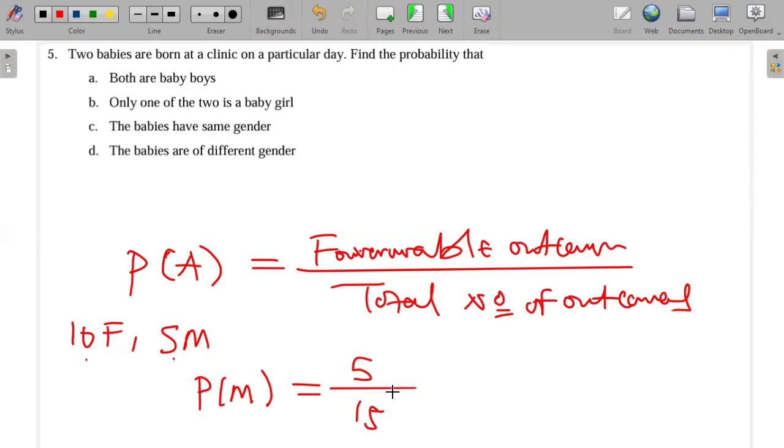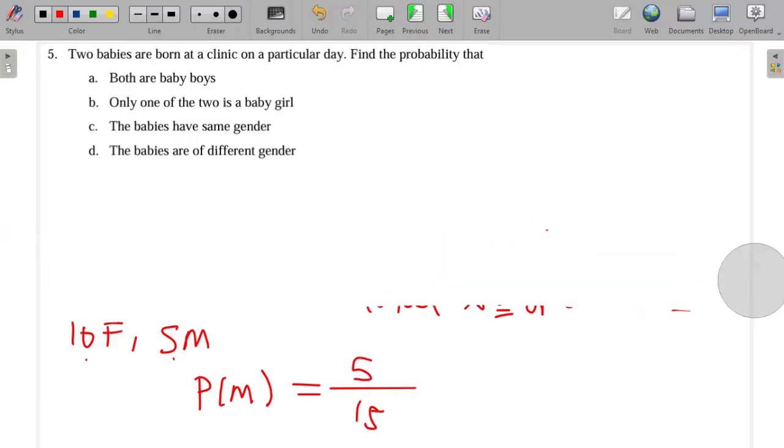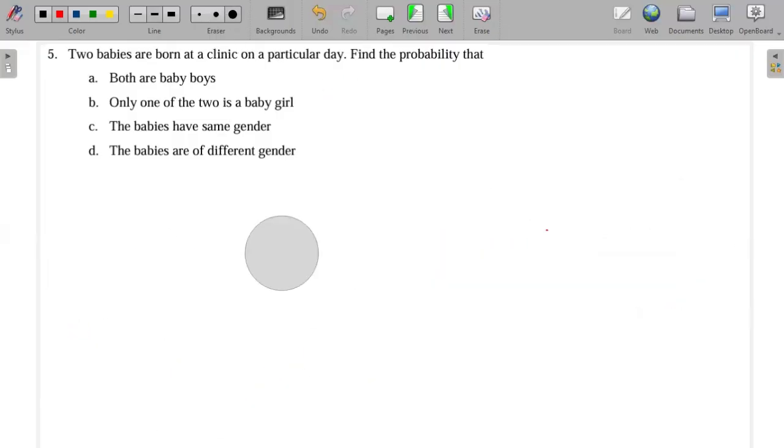So now, for me to find the probability that both babies are boys, I need to find my favorable outcome. And I also have to know the total number of outcomes for that particular situation that they are describing. So it will take us back to writing, first of all, the sample space so that we know the total number of possible outcomes for that situation.